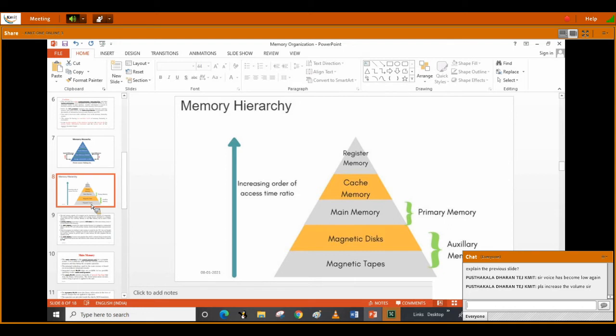In the middle of these is the main memory, that is the primary memory. Whatever data we store in the main memory, that is the primary memory. When we store the data in magnetic disk and magnetic tape, we call that auxiliary memory.